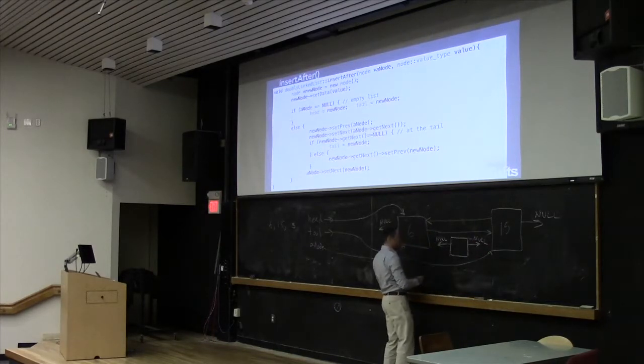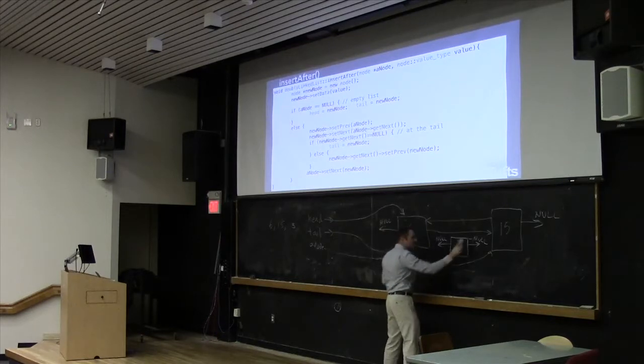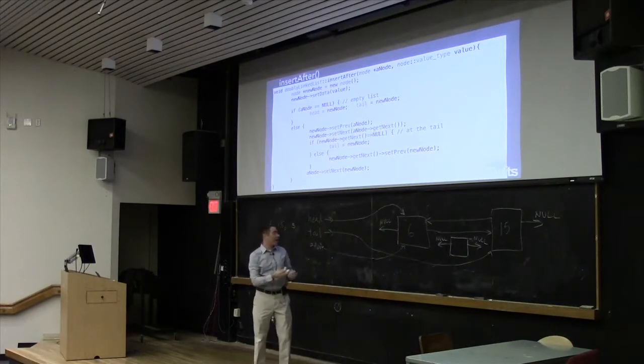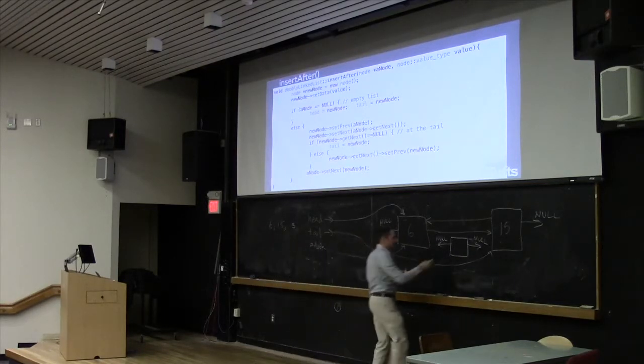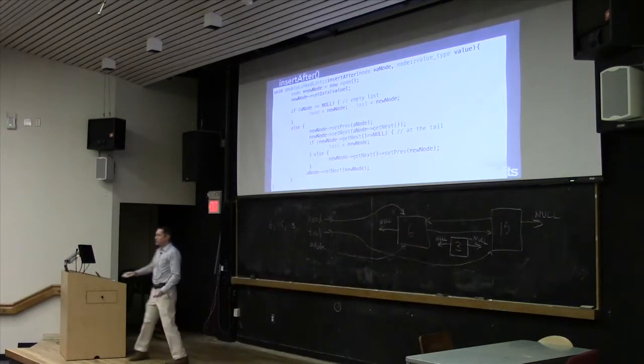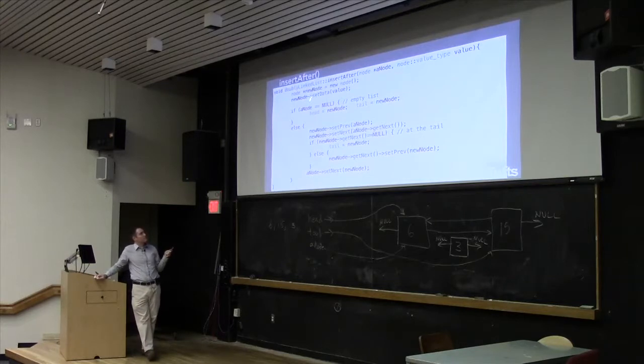And I should keep my colors straight. So this one should be this color. And we're going to then set the value to be equal to 3, like that. Let's go through the algorithm here and see if it works. First of all, is the node we passed in null? It is not. It is actually a node. We go down to here.